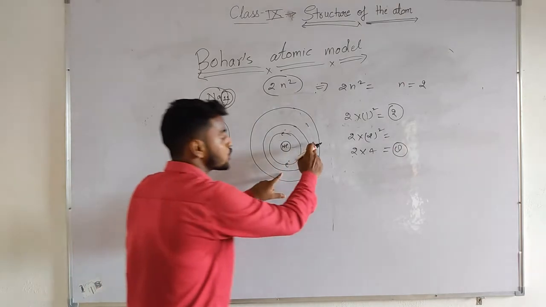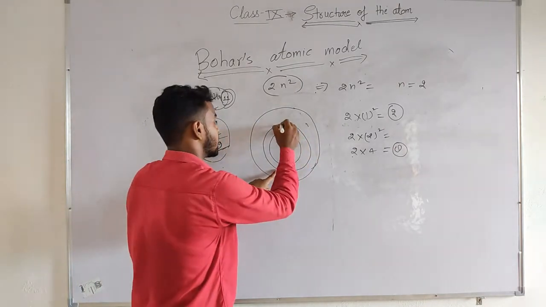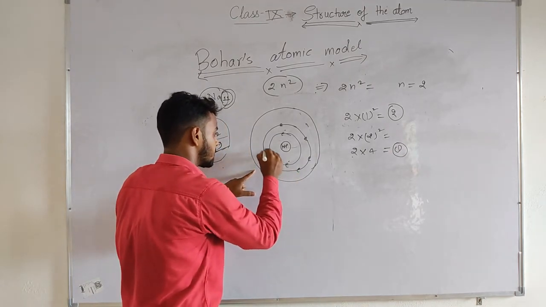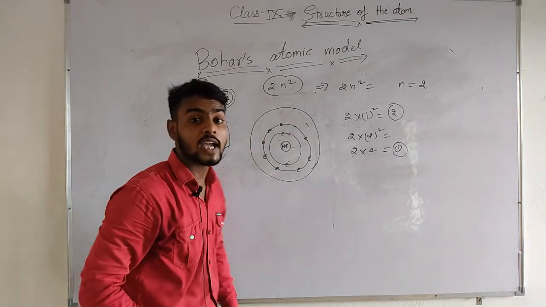Now we arrange the 8 electrons: 1, 2, 3, 4, 5, 6, 7, 8. Now in total we have filled 2 and 8, which is 10 electrons.